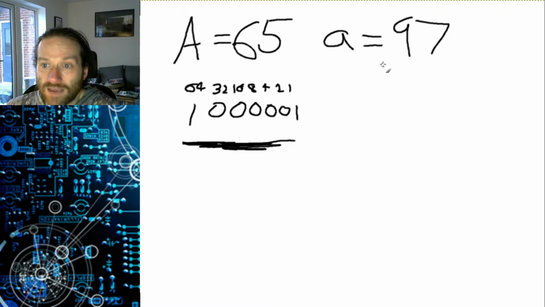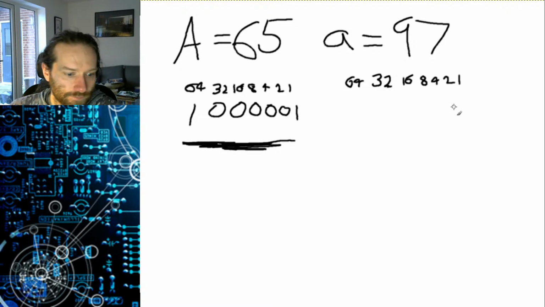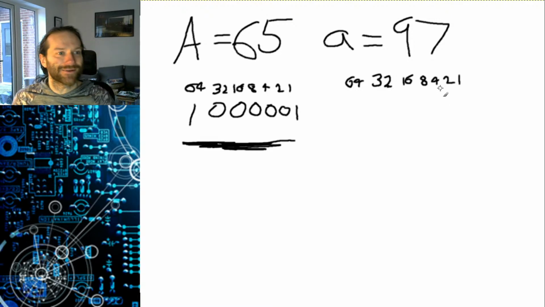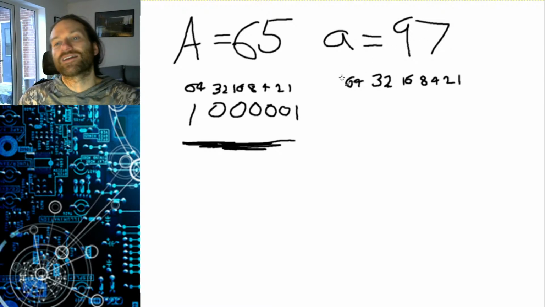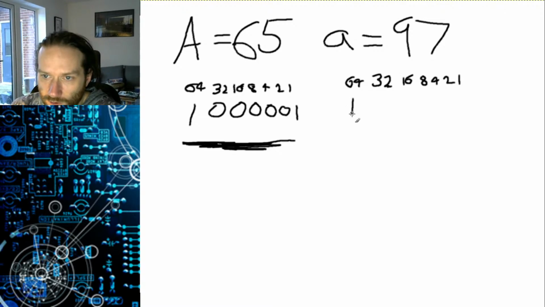So if we now convert 97, we can write our magic numbers out again here. We've got 64, 32, 16, 8, 4, 2, 1. So if we convert 97, what do we end up with? We have 97 is greater than 64, so we're going to put a 1 down there.